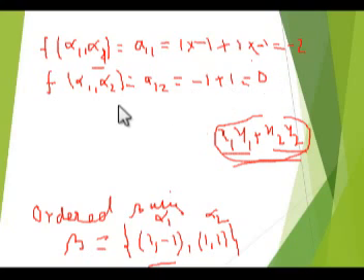Now we will change. We'll take alpha 2 and alpha 1. These are the possible choices.